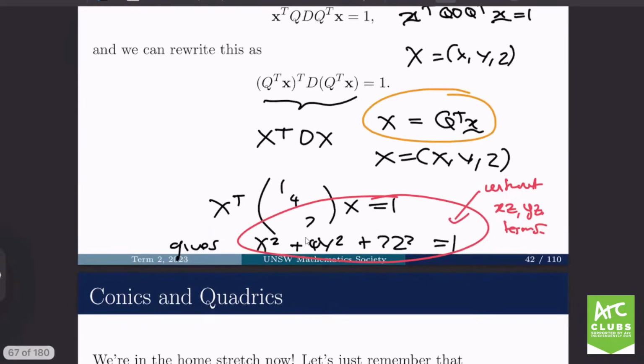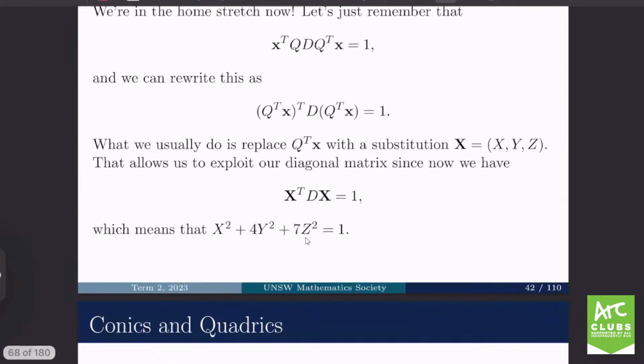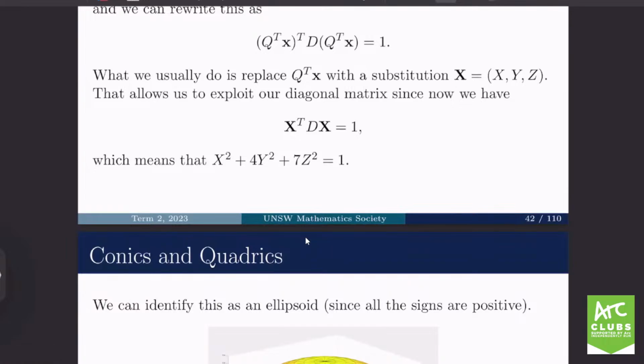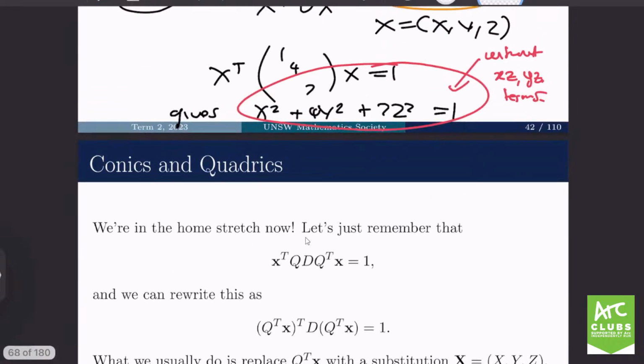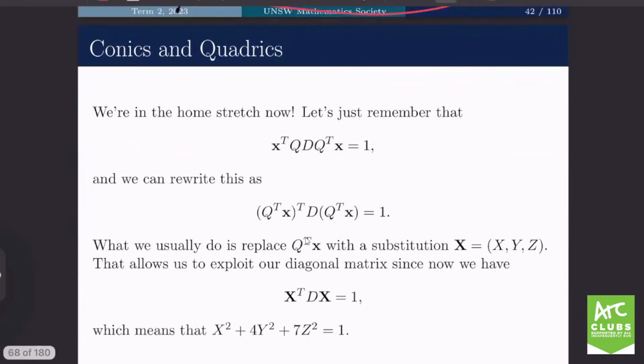So the only thing we're doing is taking our original surface, and if we rewrite it like this, we're just rotating it. So we're not actually changing the actual surface. That's perfect. And so we can conclude that this is an ellipsoid because once we rotate it, it gives only positive signs, and therefore it's an ellipsoid.